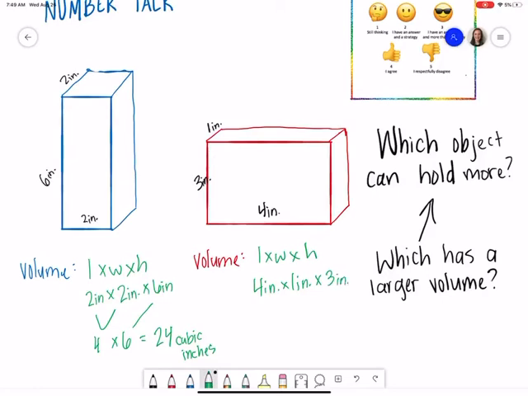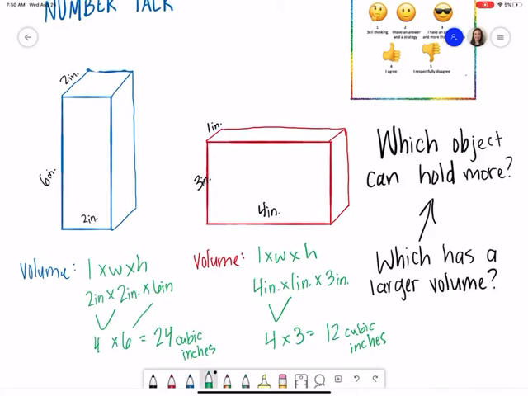So I'm going to multiply those. So 4 times 1 is 4 times 3. Take a moment and think about what 4 times 3 equals. Okay, so 12. All right, and then again, we're measuring with cubes, so it'll be cubic inches.